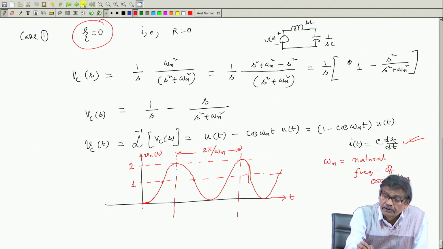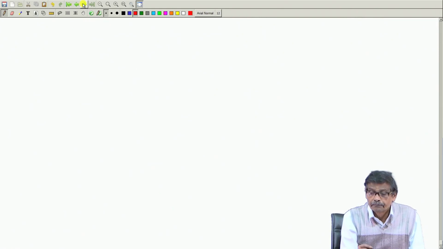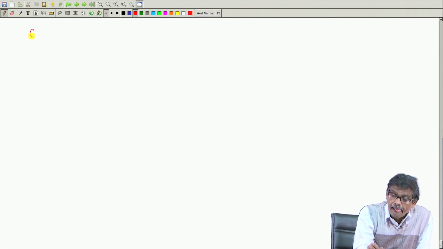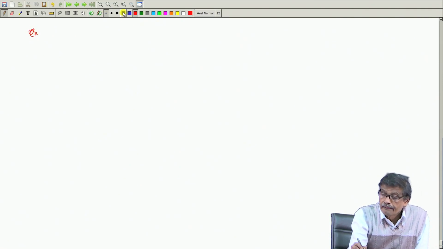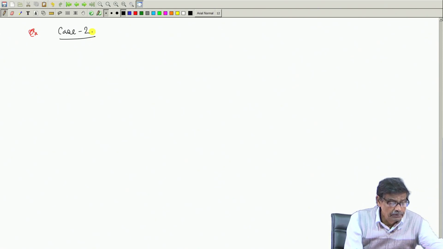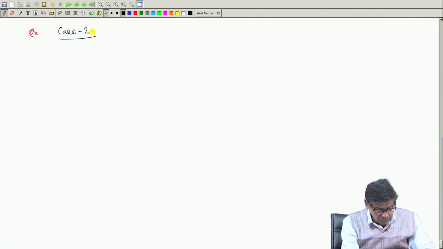Now, the second part, case 2. Suppose zeta equal to 1, I take.